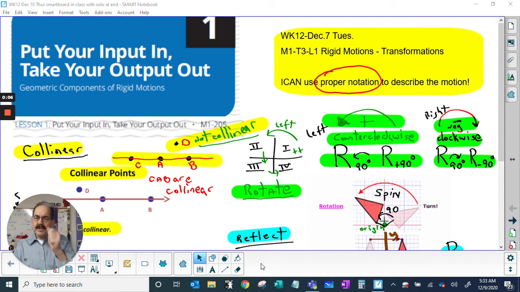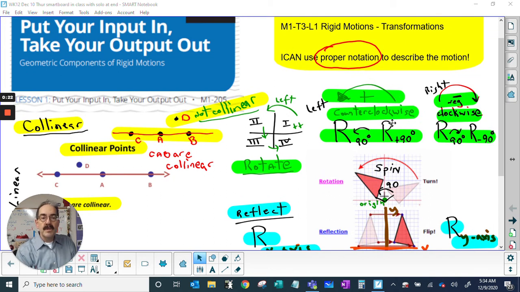We're on week 12, middle of December, and on Tuesday, we discussed proper notation for translations, reflections, and rotations. And here were the notes we took. To rotate, capital R with a degree symbol, positive is to the left, negative to the right.